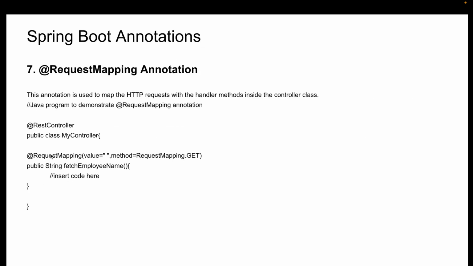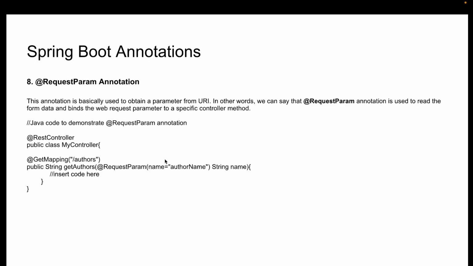We had seen how we were using RequestMapping in the previous slides, right? RequestMapping along with the method, specified like RequestMapping.GET. Now we are replacing this, and we are just using @GetMapping. So these two are equivalent, and this is much cleaner than the RequestMapping annotation.